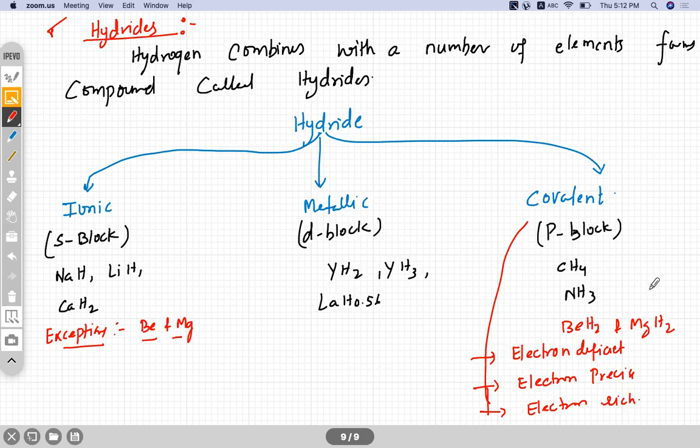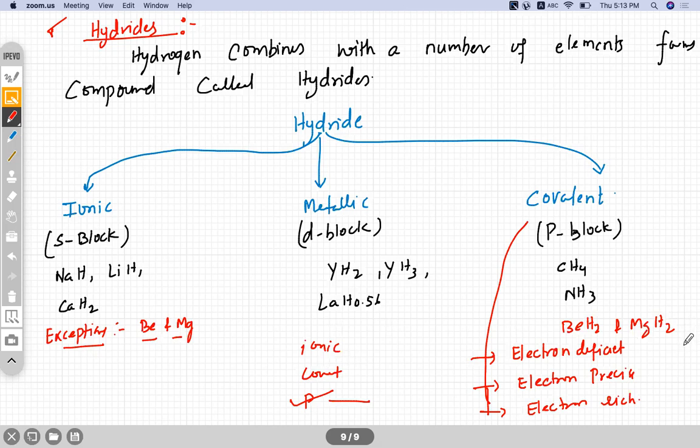If you have to choose between options, suppose the options are: MgH2 is ionic, MgH2 is covalent, MgH2 is partly ionic, partly covalent. Then we'll go with partly ionic, partly covalent. Yes. You need to write the entire thing. But if you have to choose between ionic and covalent, we'll go with covalent, not ionic, for MgH2.